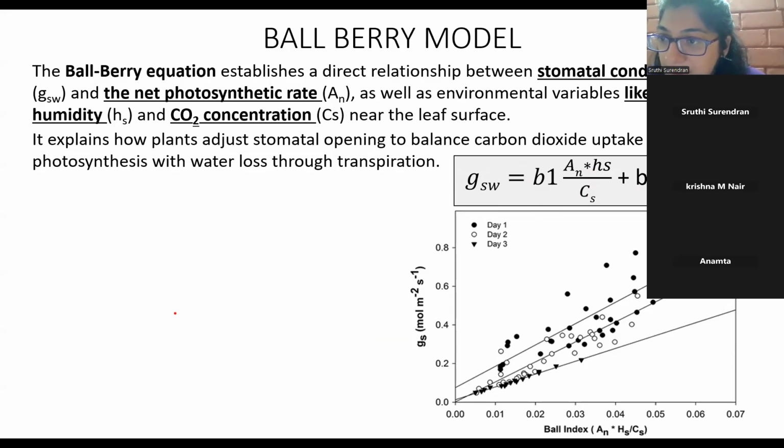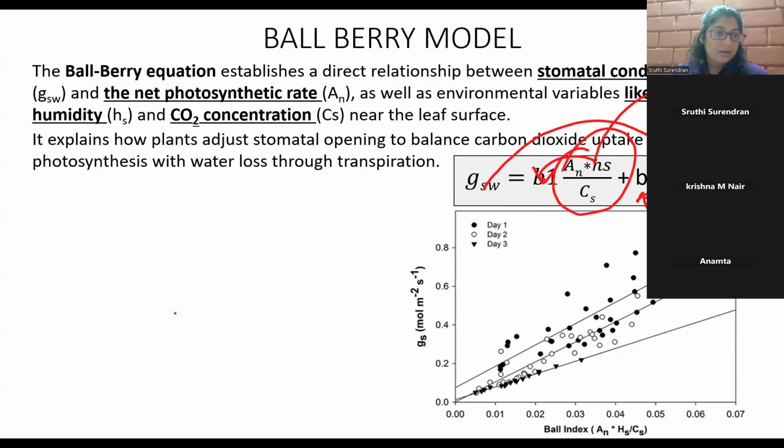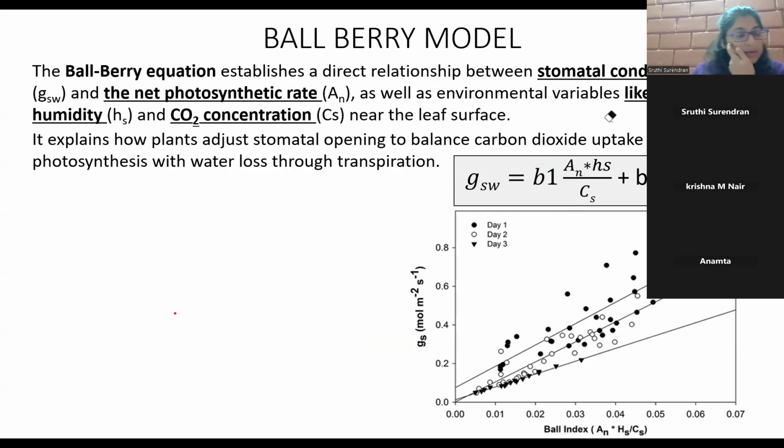Here y is the stomatal conductance, m is this b1 term, c is this b0 term, and the quantity x is this term. So this is how we are arriving at this line, and what these data points are is what we look into in more detail.